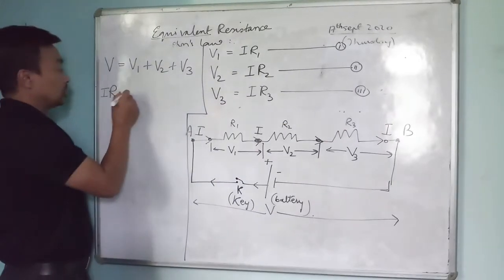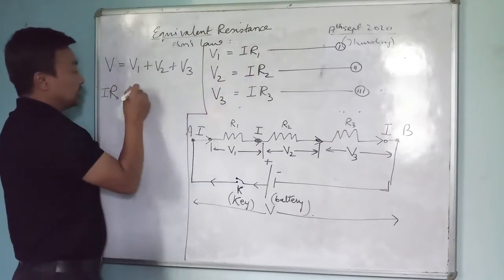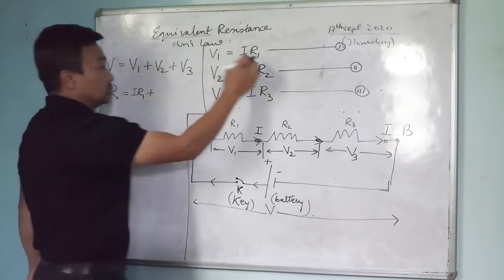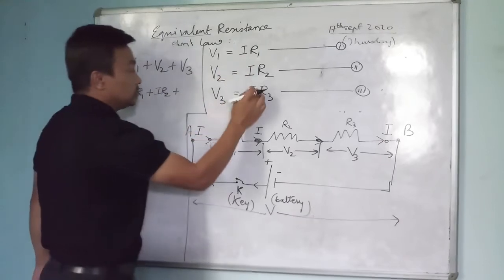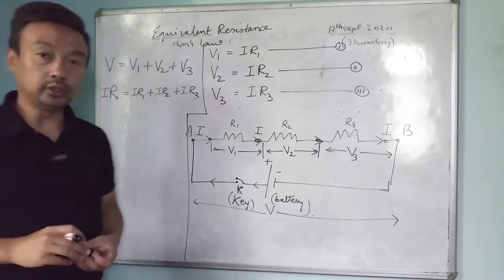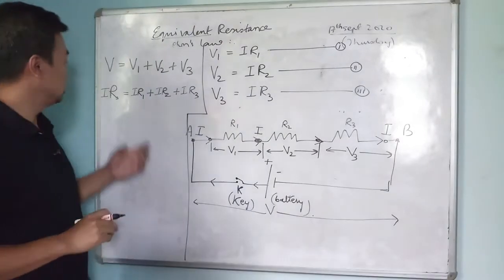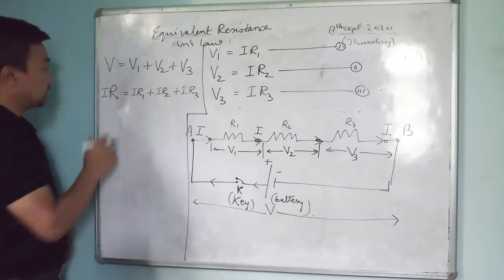Now V1 is given here as IR1, V2 is given as IR2, plus V3 is given as IR3. So what do you see here? We see the two sides. That equation is formed here, and on both the sides the I is common.